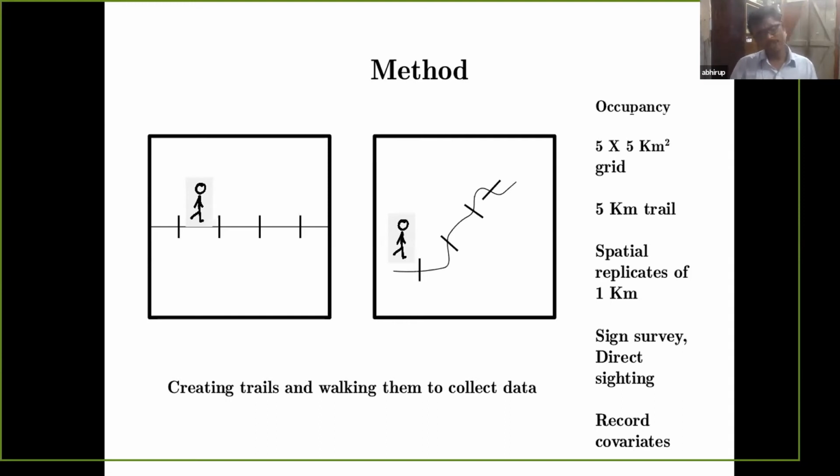all signs and direct sightings of Urials, but we discarded signs of Urial because that can be confusing given the presence of other ungulates in the landscape.